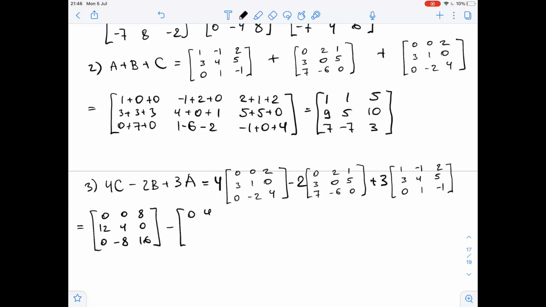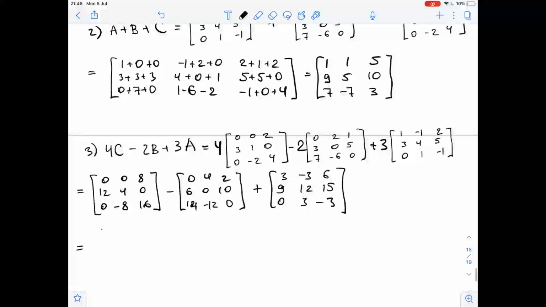minus 0, 4, 2, 6, 0, 10, 14, 14, negative 12, 0, plus 3, negative 3, 6, 9, 12, 15, 0, 3, negative 3.